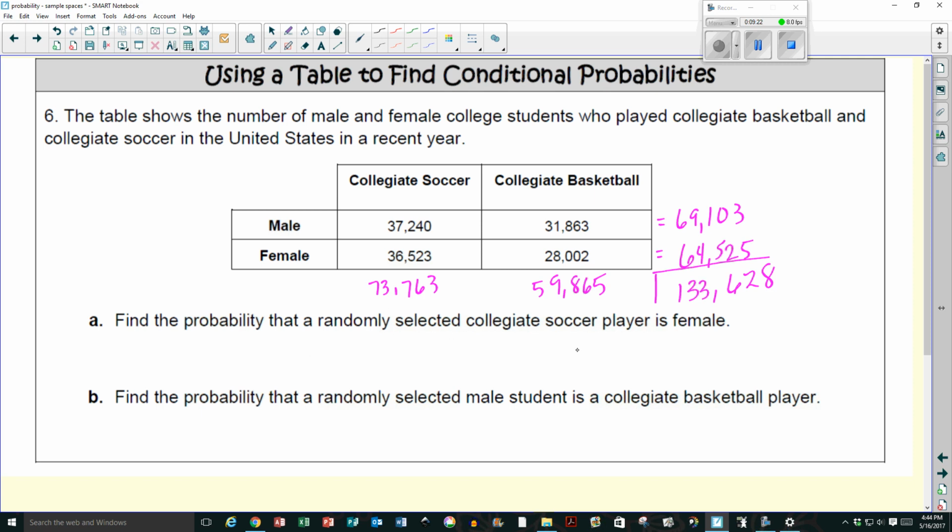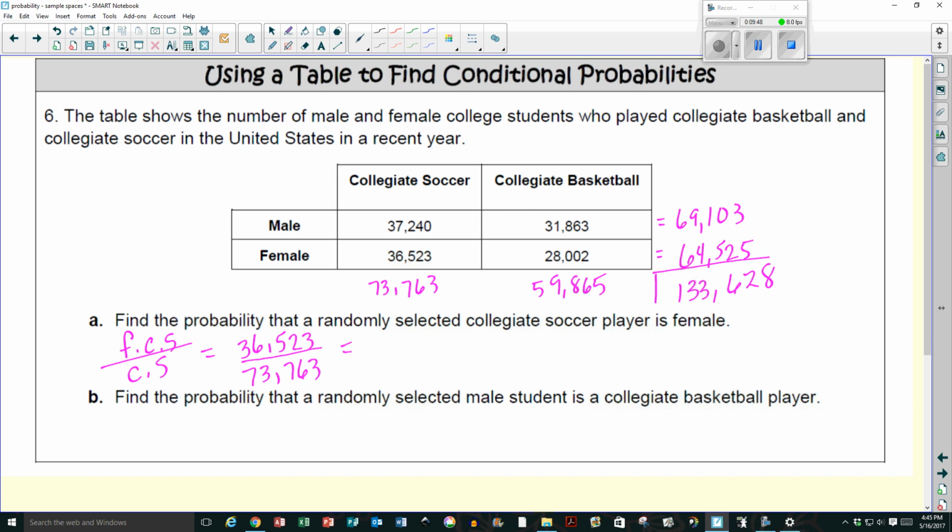So the first thing we want to do is find the probability that a randomly selected collegiate soccer player is female. So first of all, I want to find a female collegiate soccer player out of all of these soccer players. So there are 36,523 female soccer players, but there are 73,763 soccer players altogether.